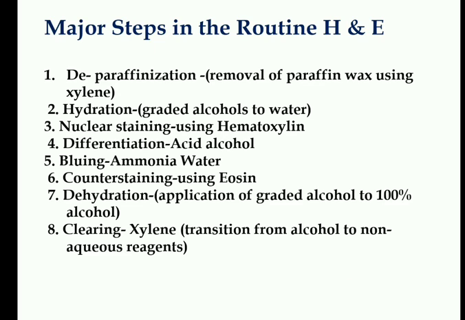Then nuclear staining using hematoxylin. Then differentiation with acid alcohol. Then bluing with ammonia water. Counter staining with eosin. Then dehydration, application of graded alcohol to 100% alcohol. Then we do clearing using xylene.